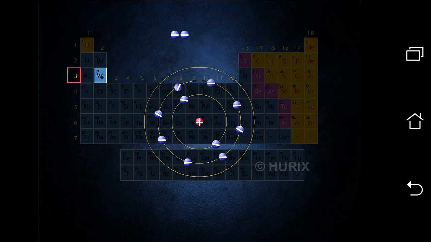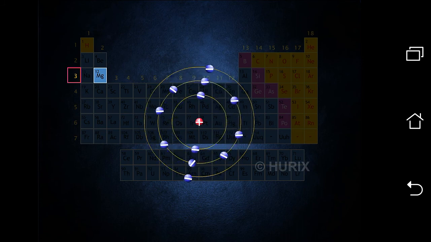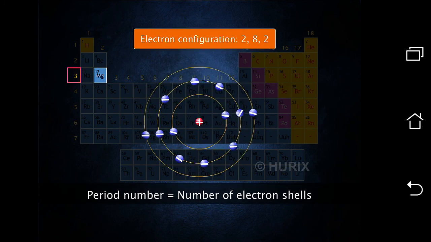The second shell contains 8 electrons. The third shell contains the remaining 2 electrons. So, magnesium, which is an element placed in the third period, has 3 electron shells. This suggests that the number of electron shells in a given element equals the number of the period in which the element is found.